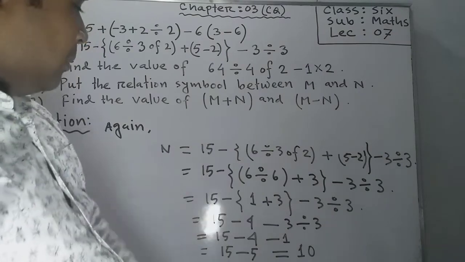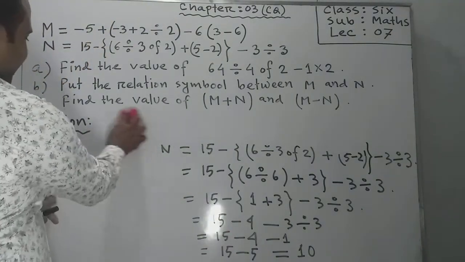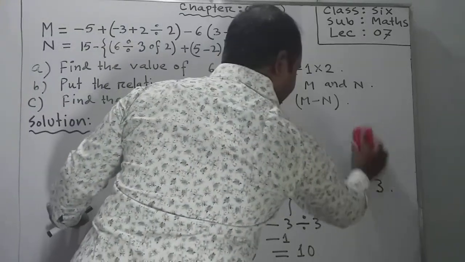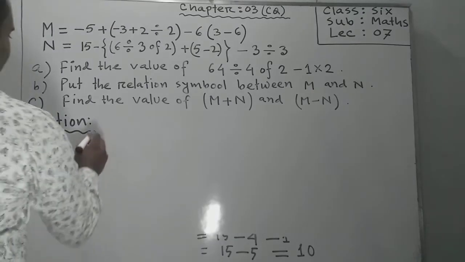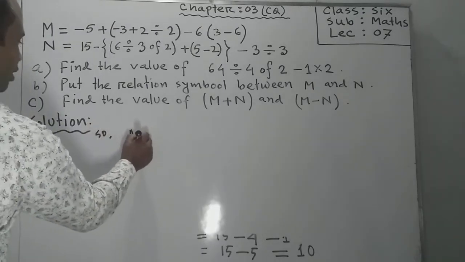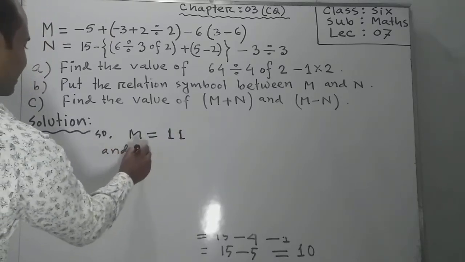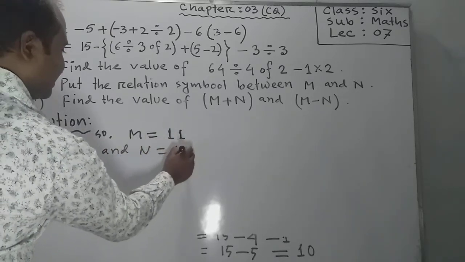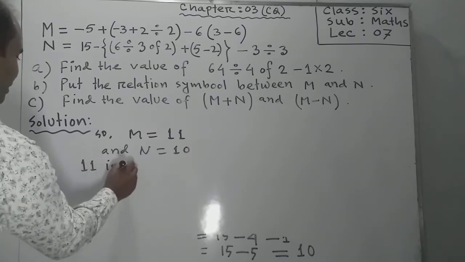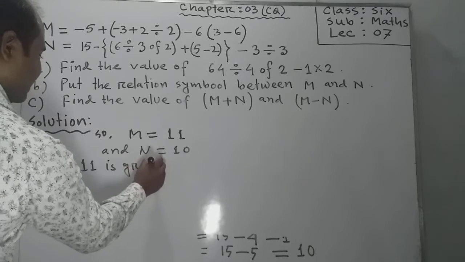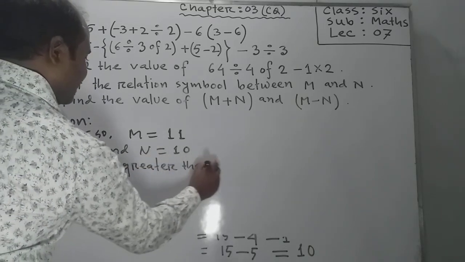So m equals 11 and n equals 10. Here 11 is greater than 10.